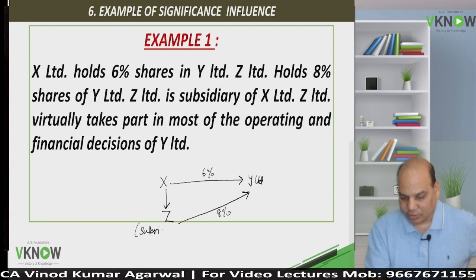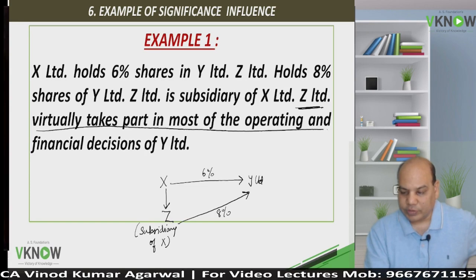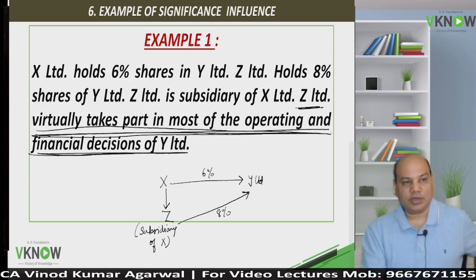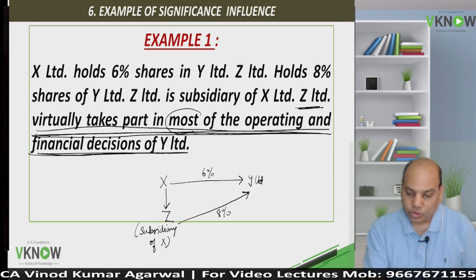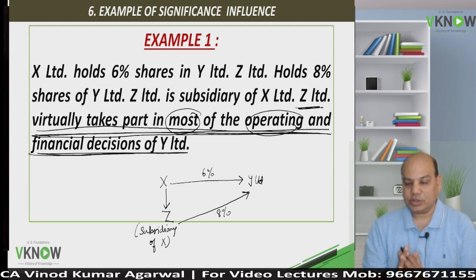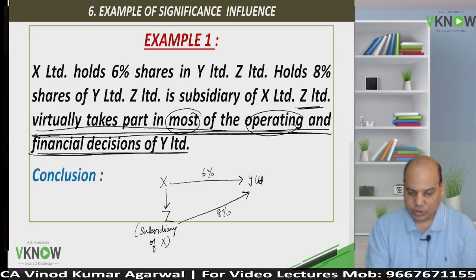Z is a subsidiary of X. Now the important line: Z Limited takes part in virtually most of the operating and financial decisions of Y. So the question is whether X Limited has significant influence over Y.